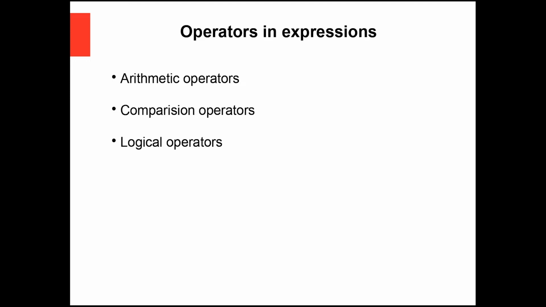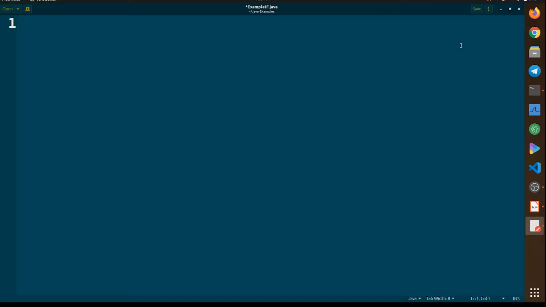So moving on to operators, these are some common operators mostly used in expressions. So let's understand with some example. Okay, so here I am at my text editor. So let's create our class here. So say class ExampleIf, and we don't want to create objects.